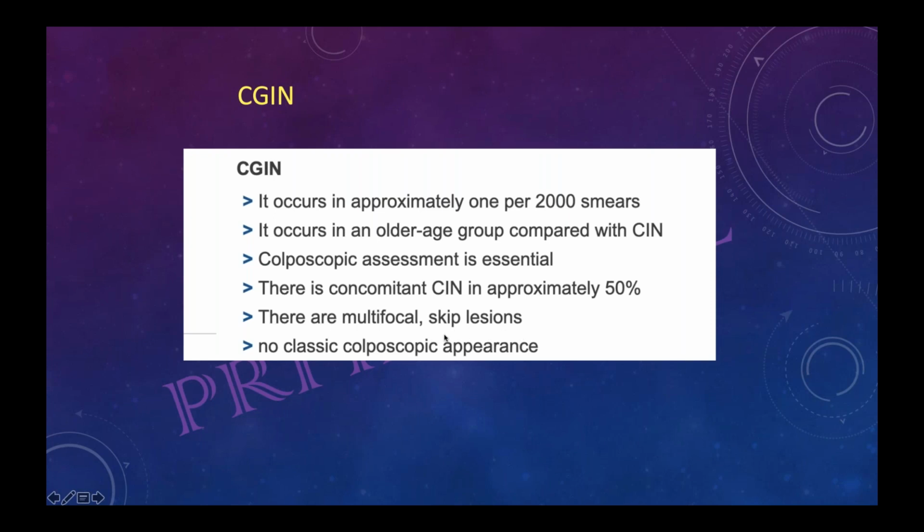It has got skip lesions, and no classical colposcopic appearance is necessary. So the important thing to remember for CGIN is only this: concomitantly it can be present with 50% of CIN, multifocal lesions are there, and also skip lesions are there.